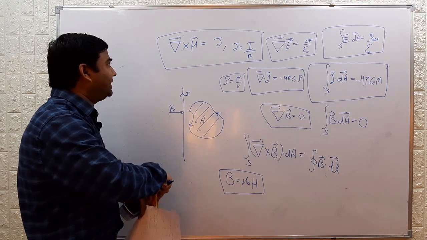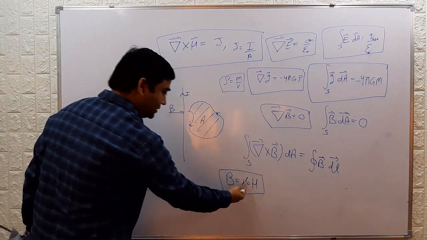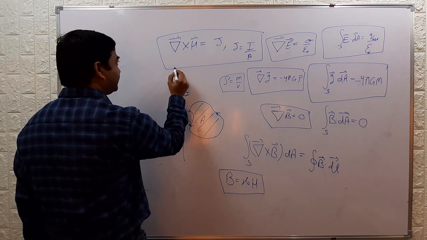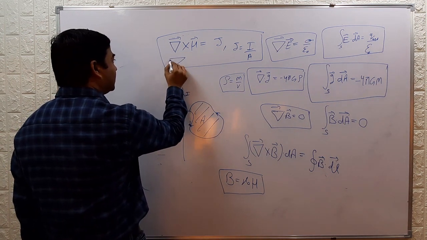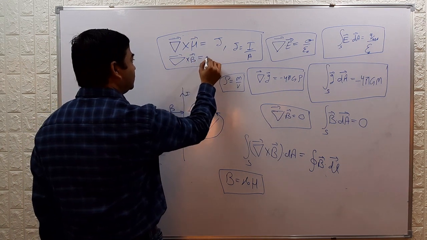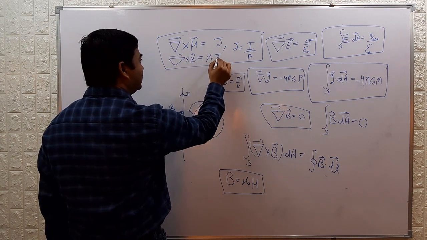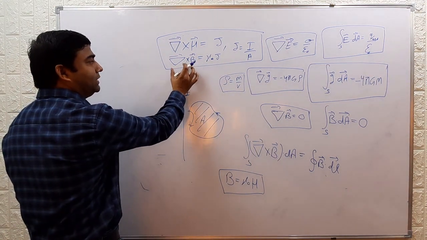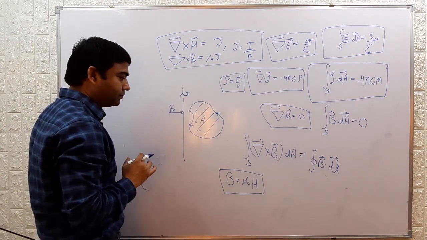So you can write it like this: H is B by mu 0, so you can say curl of magnetic field is equal to mu 0 into J. Maxwell equation in terms of magnetic field can be written in this form.